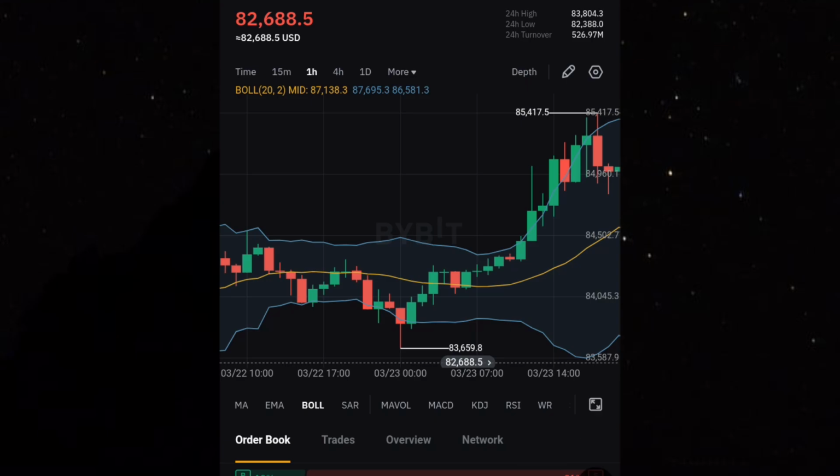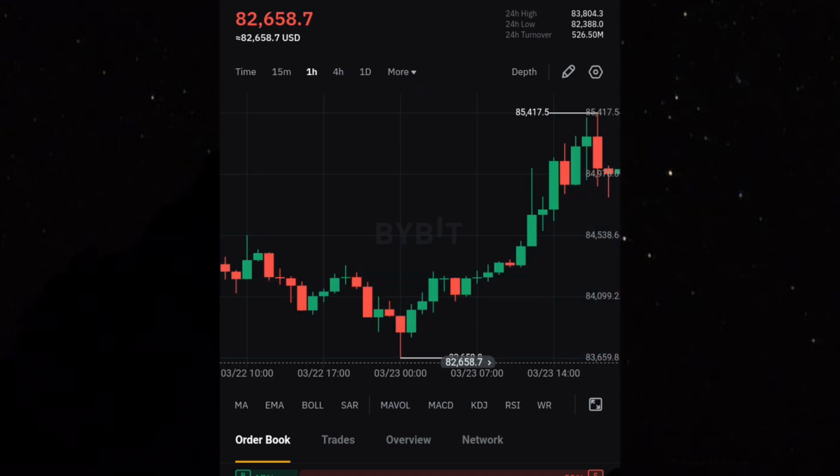Now, before I show you how to confirm the squeeze, this is what I want to teach you. You see this thing that looks like a tail. Let me take out the Bollinger Band. You can see this red candle has a long tail.